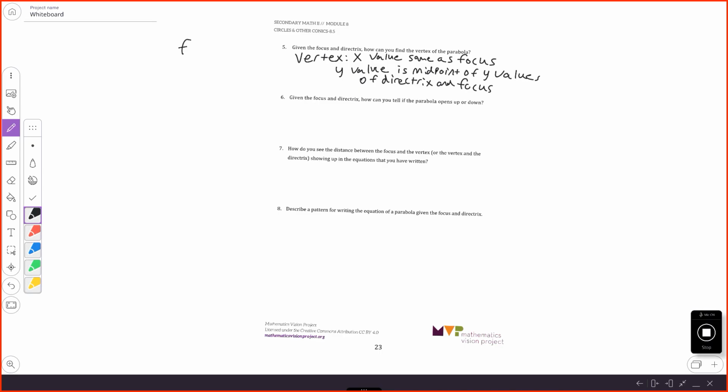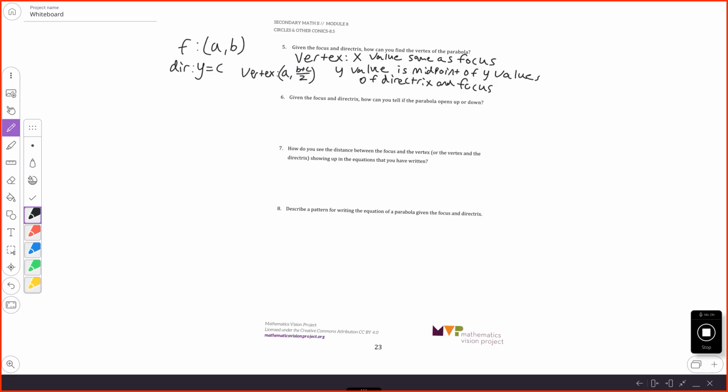So if my focus was A comma B and my directrix is y equals c, then the vertex is A comma B plus C divided by 2. So the average of the y values of the directrix and focus, and the same A value as the focus. Given the focus and directrix, how can you tell the parabola opens up or down?